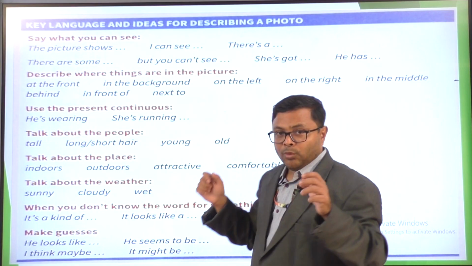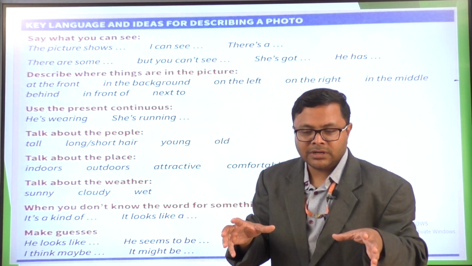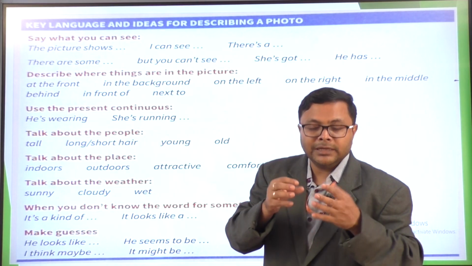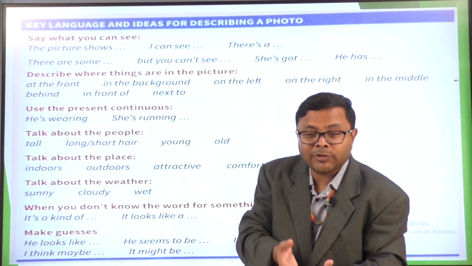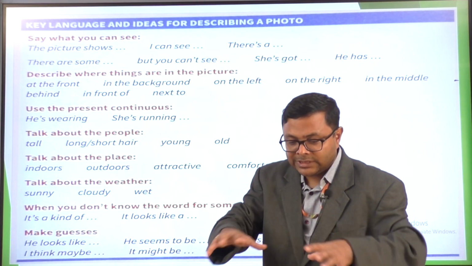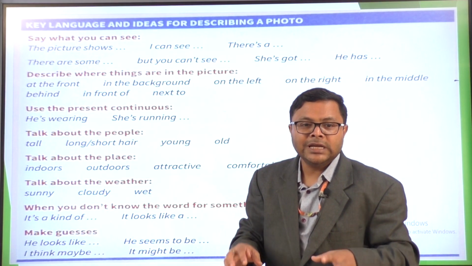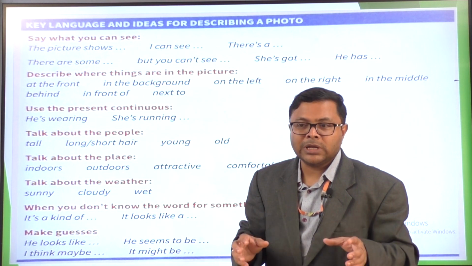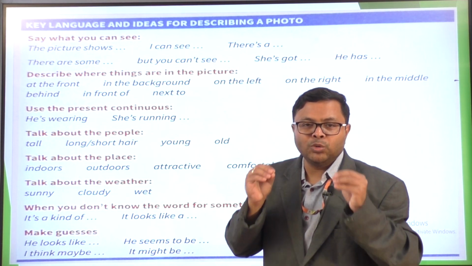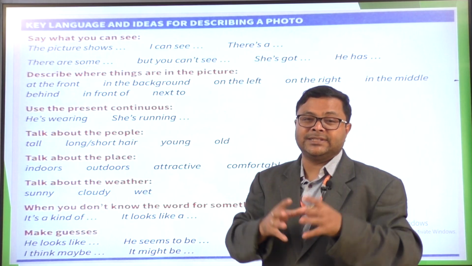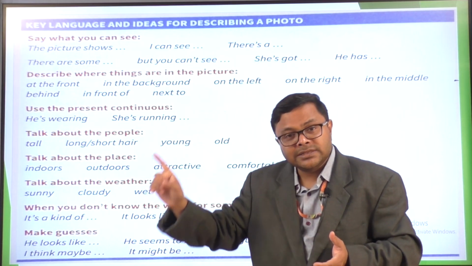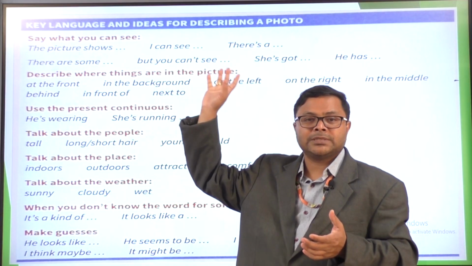And when you are describing a picture, you have to consider that it is going on in front of you. Whatever situation is in the picture, it is happening in front of you. Therefore, you have to use specific tenses, simple present and present continuous.